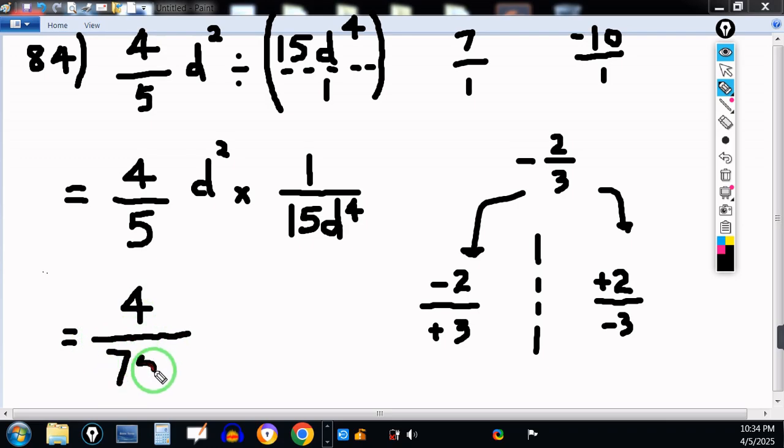And then I won't be super duper smart and put 2 minus 4 is minus 2 up there. No need. I will work with this and cancel this with a d squared here. One d squared will cut out and give me a d squared at the bottom.